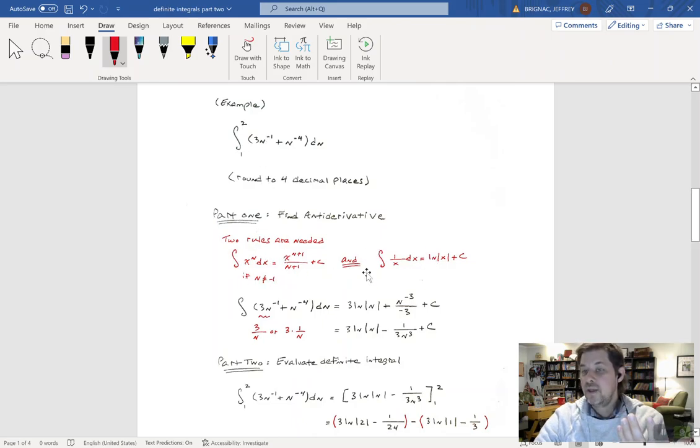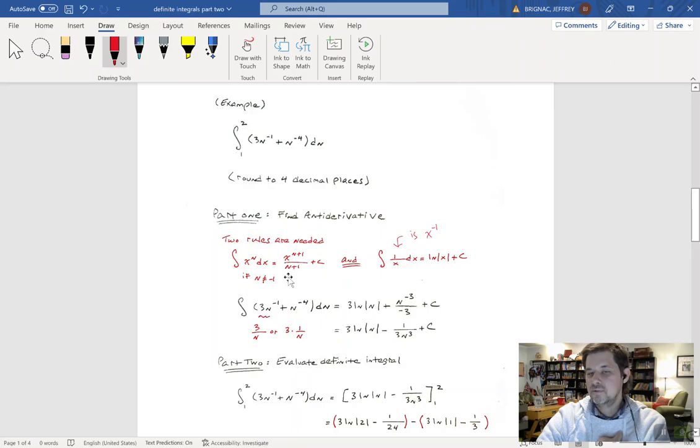The rule for that is over here. It says the antiderivative of 1 over x dx is natural log absolute value of x plus c. 1 over x, if you think about the way negative exponents work, is x to the minus 1 power, okay? So there's our rule that fills in the gap here where this one's no good if the power is negative 1.